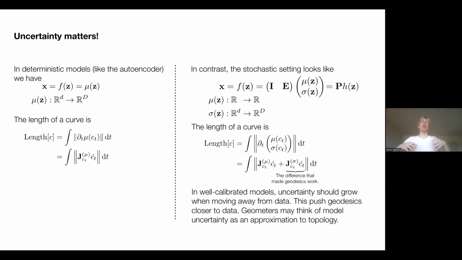So somehow the uncertainty, the standard deviation, is building a wall around the data, because that's where uncertainty starts to grow. So you can think of stochasticity as being like a topological hint. It gives you an indication of what the actual topology of your data manifold is. And I think that's kind of neat. This idea that when we don't know what our model is supposed to do, that's a hint that we're off the manifold, so to speak.